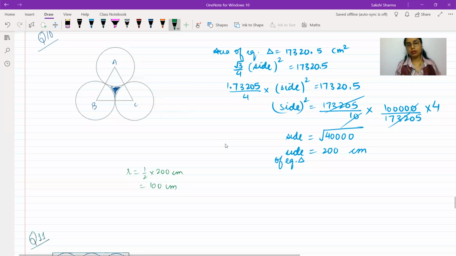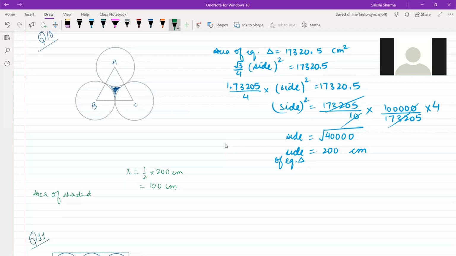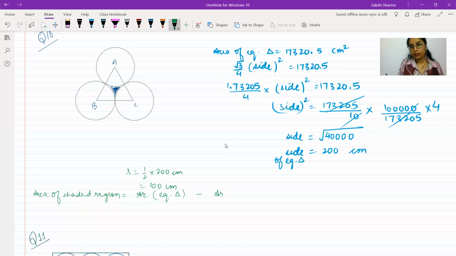If you want, you can work in parts. You can first find out the area of the 3 sectors, and then you can simplify. Area of shaded region will be equal to area of equilateral triangle minus area of 3 sectors. Since the sectors are of equal size, you can find the area for 1 and multiply it with 3.